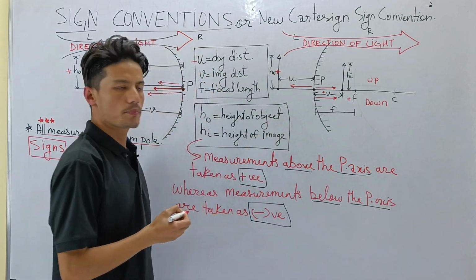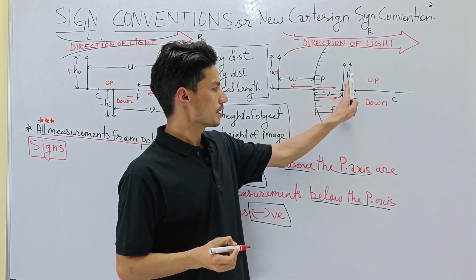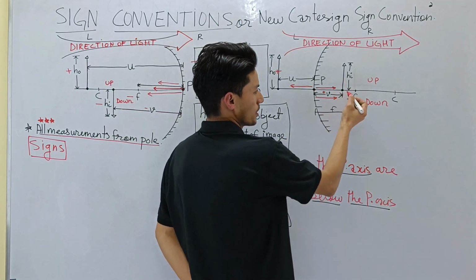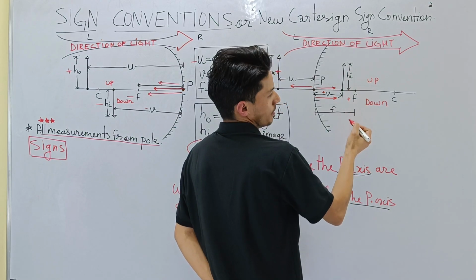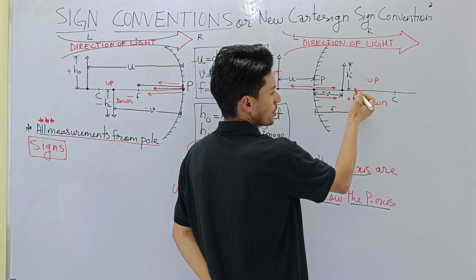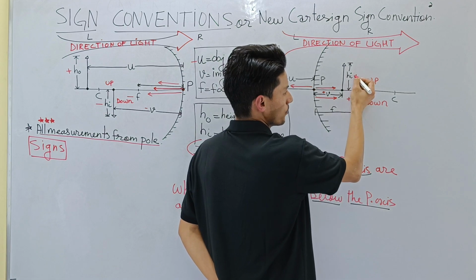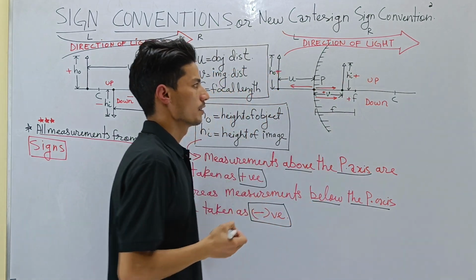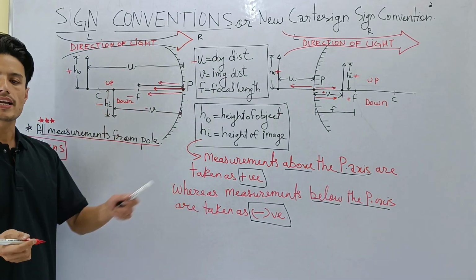Now let us see the image. Is the image above or below the principal axis? In this case, the image is also above the principal axis. So the sign that it will carry will be positive. Are we clear? So this is the sign Cartesian.